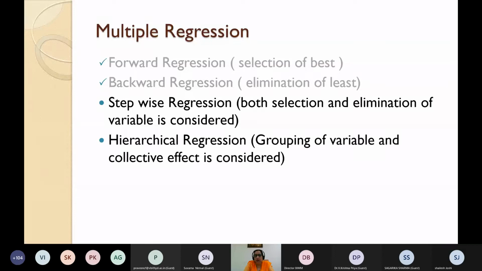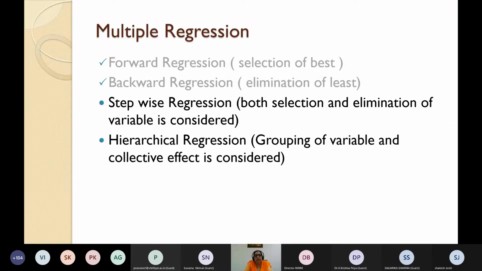In stepwise regression we go for both selection and elimination of variables, that is, forward as well as backward regression. Stepwise regression is sometimes used in educational and psychological research, and it is used to evaluate the order of importance of variables and to select useful subsets of variables.